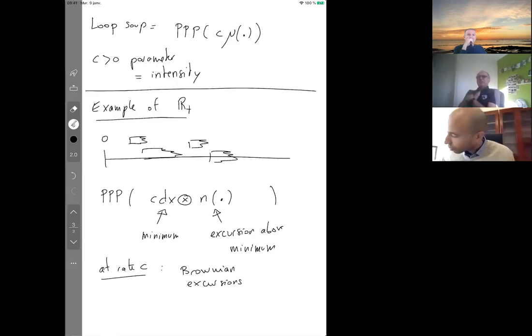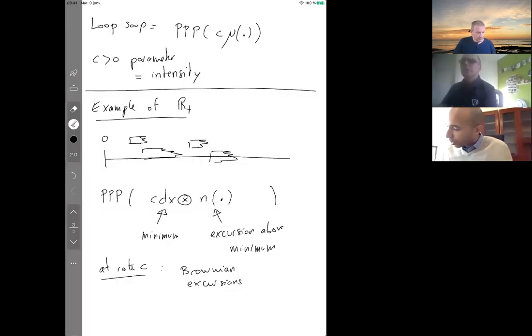Okay. And maybe I can develop a little the example of the positive half line. You have this Poisson point process of Brownian excursions.